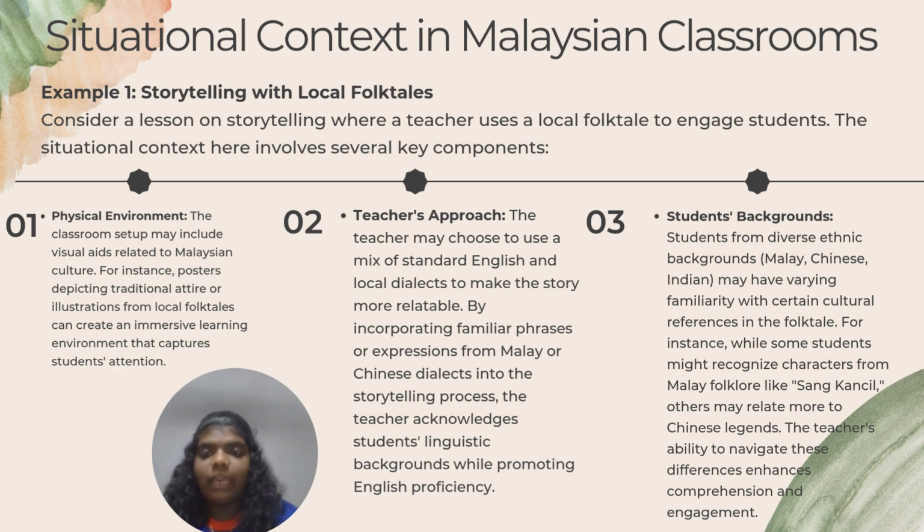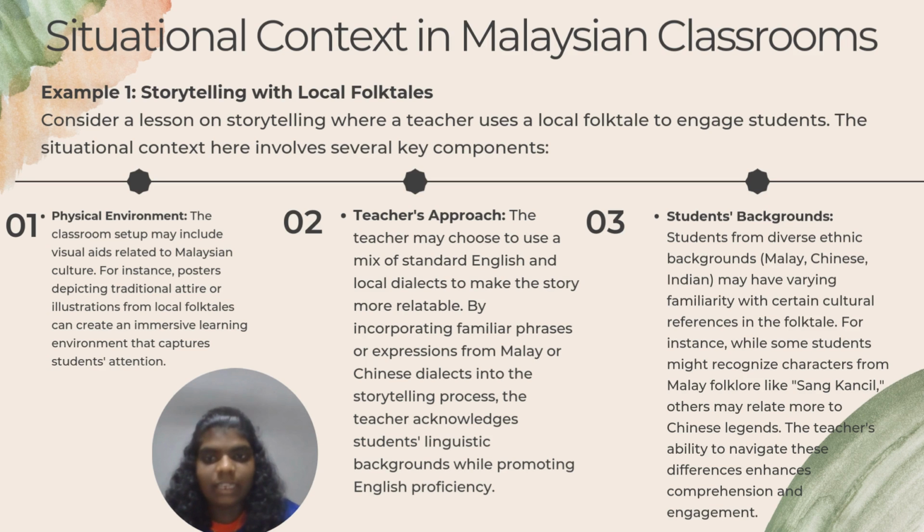So there are two examples of situational context in the Malaysian classroom. The first example is storytelling with local folktales. Consider a lesson on storytelling where a teacher uses a local folktale to engage students. The situational context here involves several key components.